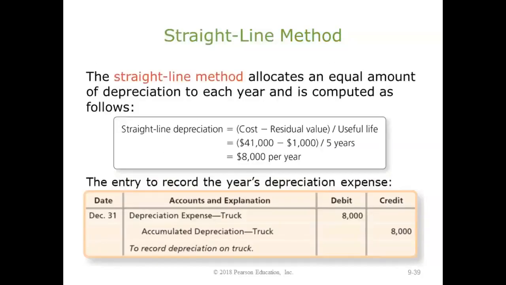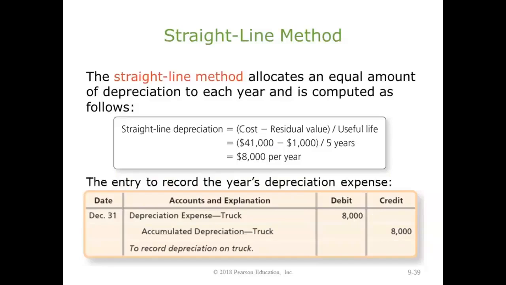Now, I'm going to talk about all three methods, but what I want to talk about first is the straight line method. The beautiful thing about straight line is once you compute it for your first year, it's going to be the same amount for the following years until the end of its useful life. So you compute it once, you're all set and ready to go.